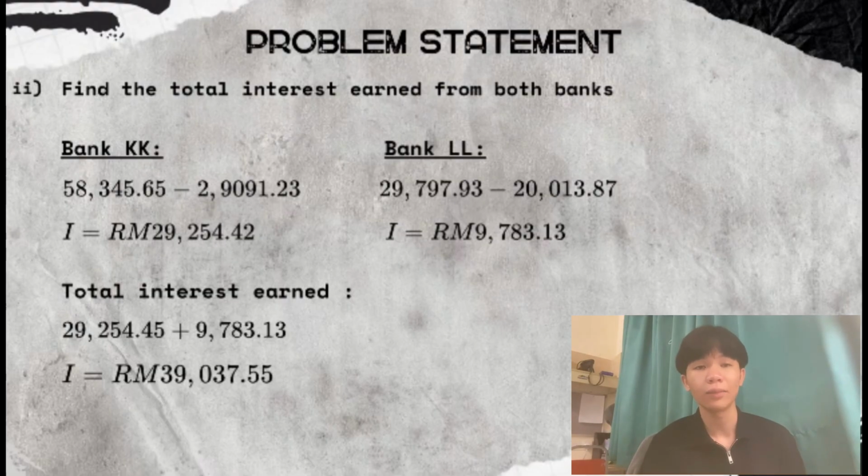For Bank LL, 29,797.93 minus 20,013.87. So I for Bank LL equals RM9,783.13. So to find the total interest earned, you have to add the answers from both banks, Bank KK and Bank LL. So the answer will be 39,037.55.